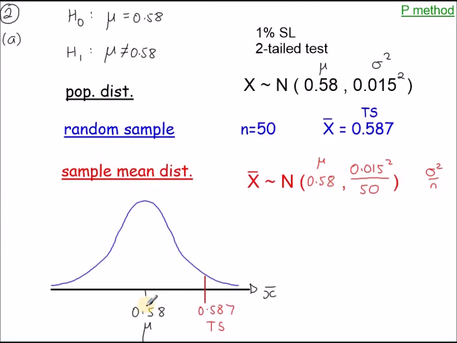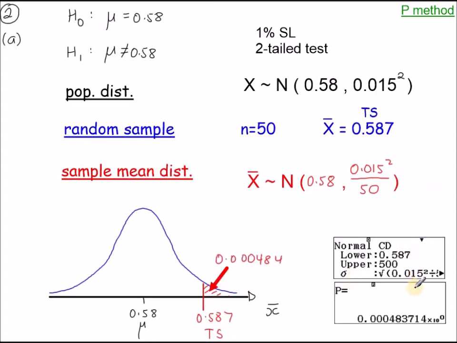So the mean in the center, and we mark on there our test value 0.587. Compared to the mean, it's on the right hand side. So draw a line, and from that line going outwards, we want the probability of this region. So from the calculator, the probability is here.